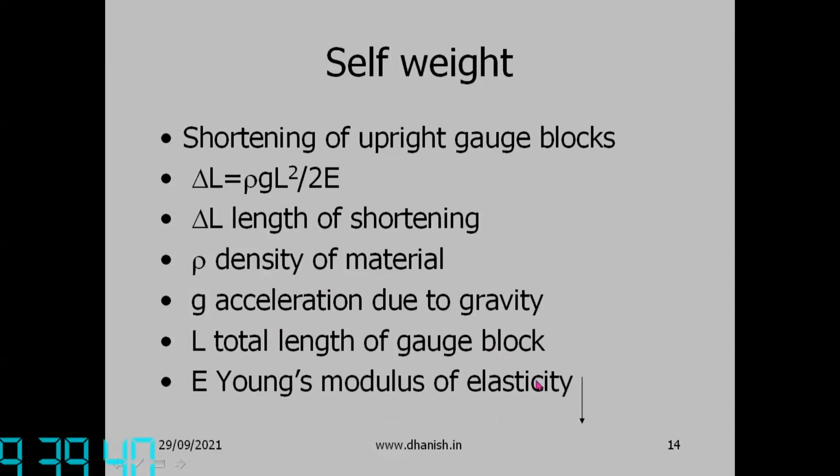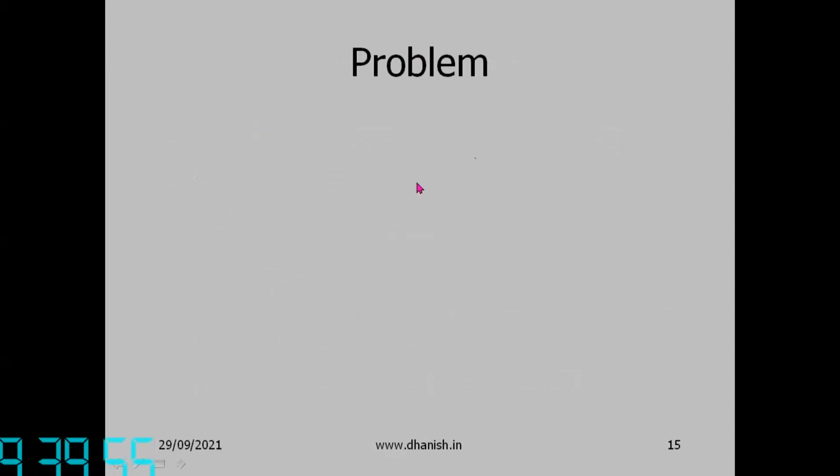E is the Young's modulus of elasticity. So if you keep a gauge block vertically, the material at the top will compress the material at the bottom. That will cause some deformation, and that can be computed as rho G L squared by 2E.